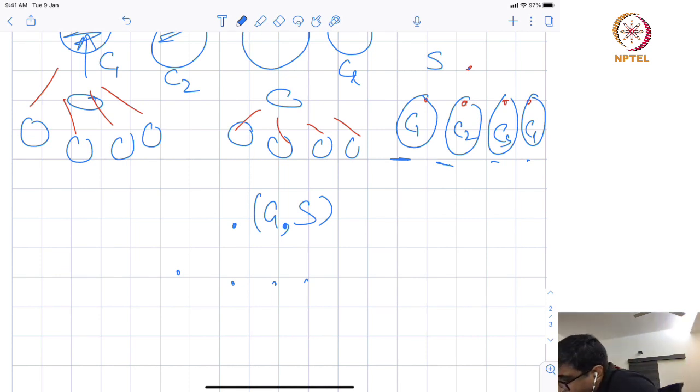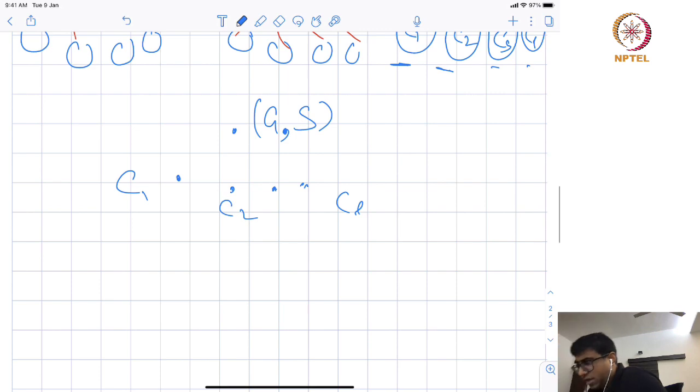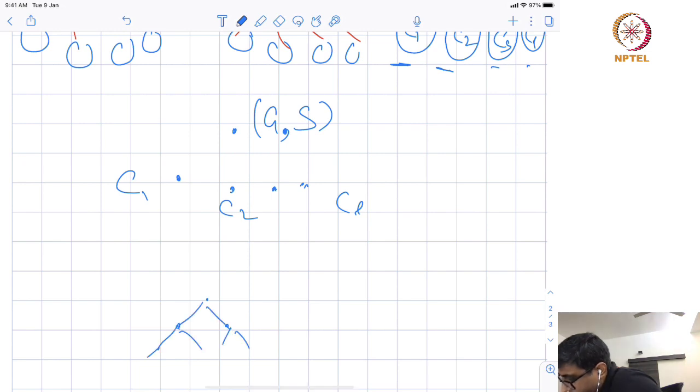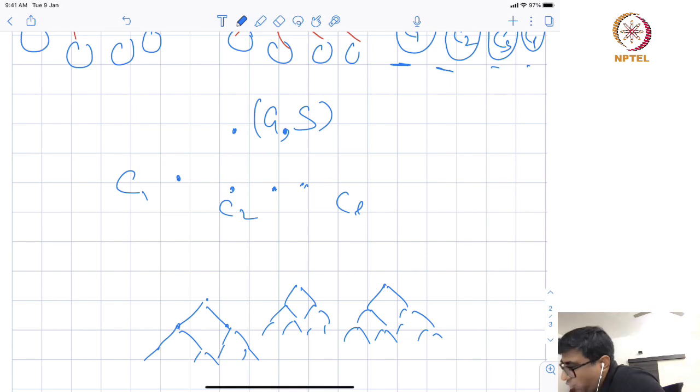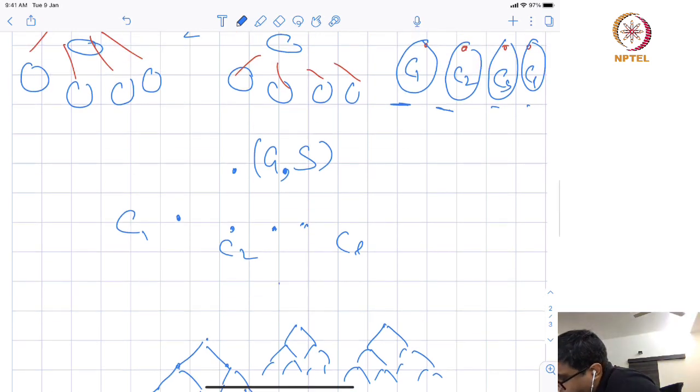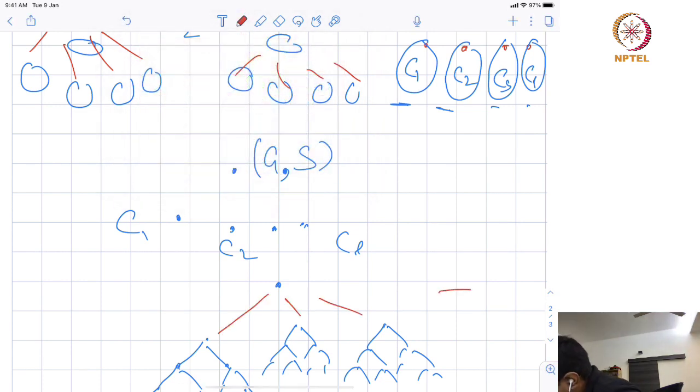For these components C1, C2, CL, suppose inductively we are able to find some tree. Then we get a decomposition tree for the whole graph by adding an extra node here and adding these edges to get a tree T.